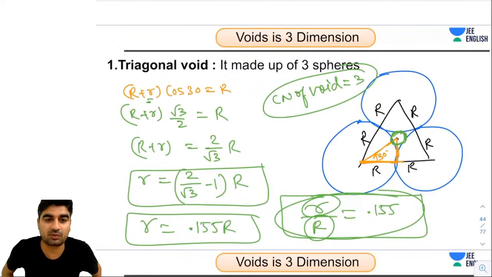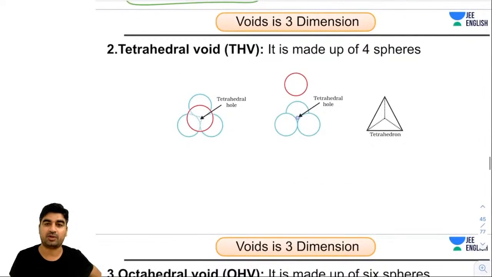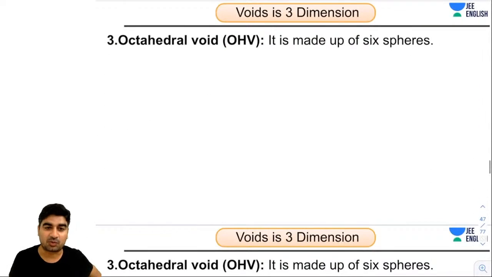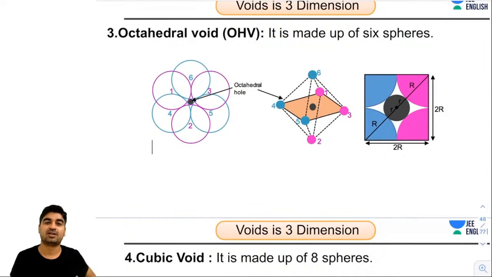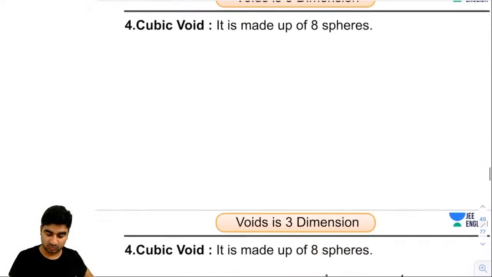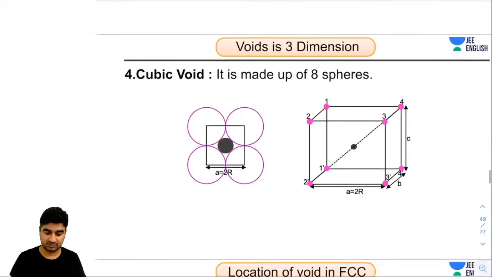So guys, this is all for today, and in the next class I will be taking tetrahedral void. Today it cannot be covered because it is time consuming, and after this I will take octahedral void. Then I will also take cubical void, how these octahedral and cubical voids are formed, right guys?